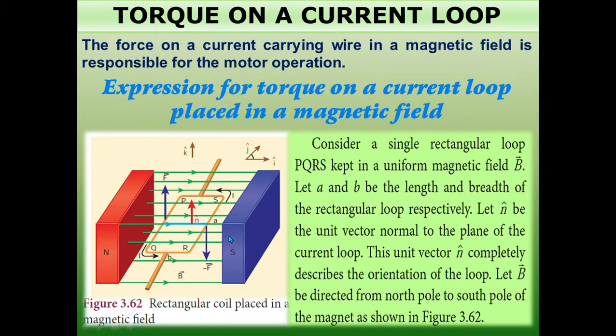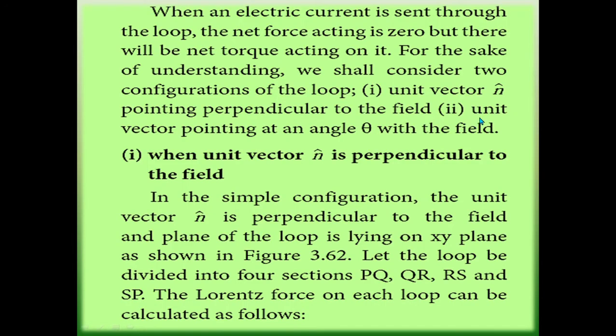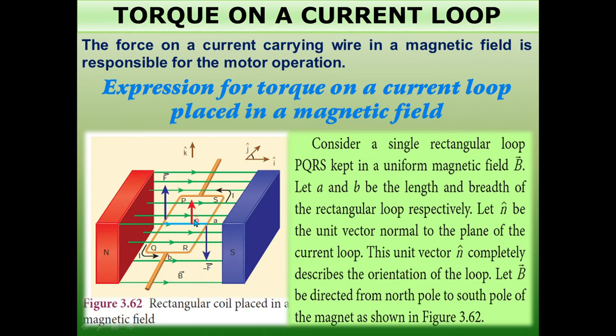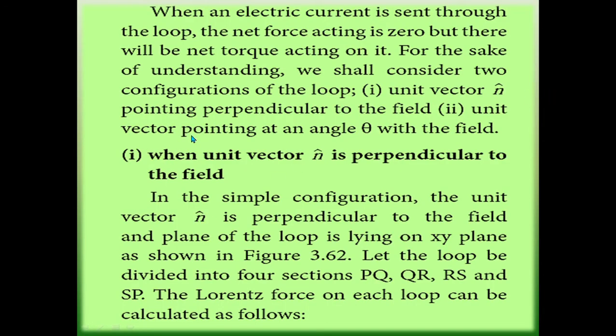If the rectangular loop moves in a clockwise or anti-clockwise direction, it makes an angle theta. This is the unit vector n cap, perpendicular to the loop, at angle theta with the field.